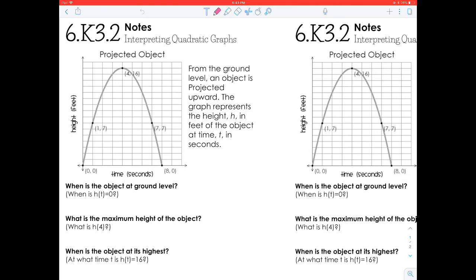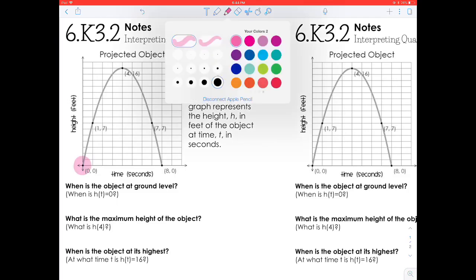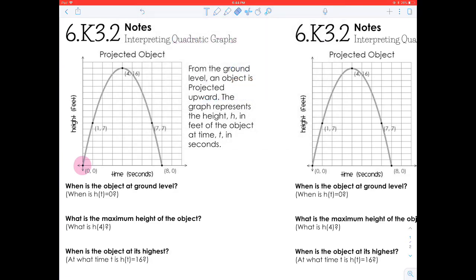So we've got a graph here that is representing an object that is being projected upward from ground level. So from ground level, we're projecting up and then launching back down. Height is h and the time is t.